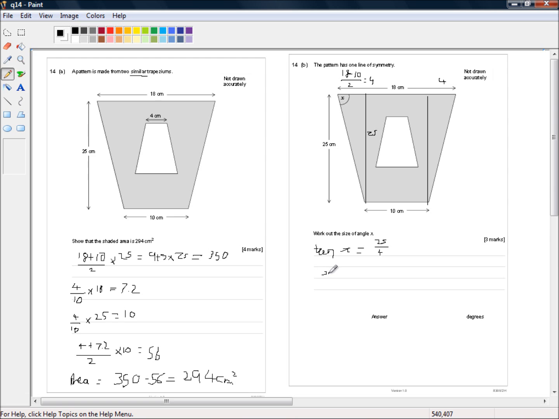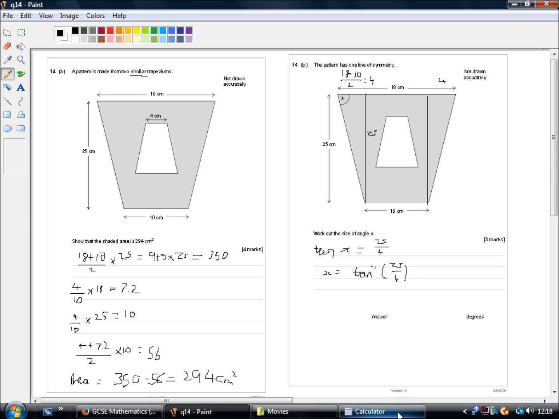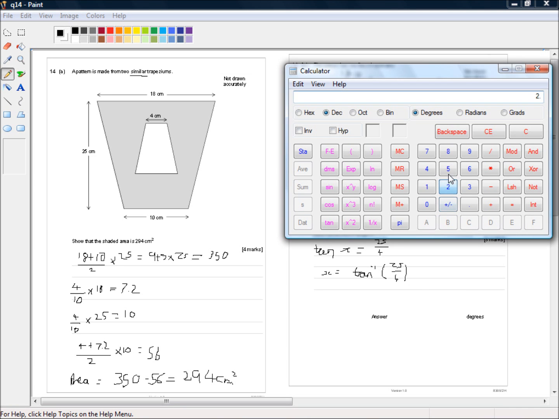So x is equal to the arctan of 25 over 4. Which we can stick in our calculator. 25 over 4, and then inverse tan gets us 80.9 degrees.